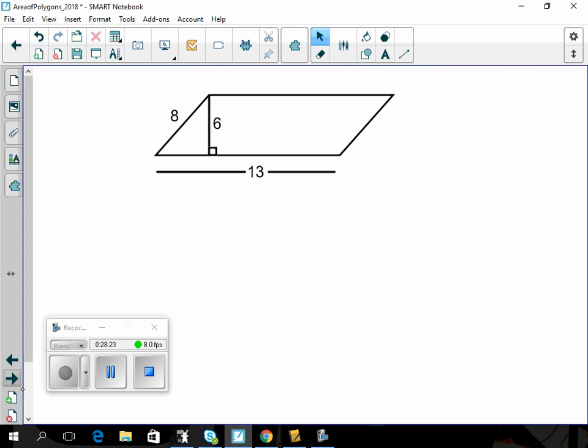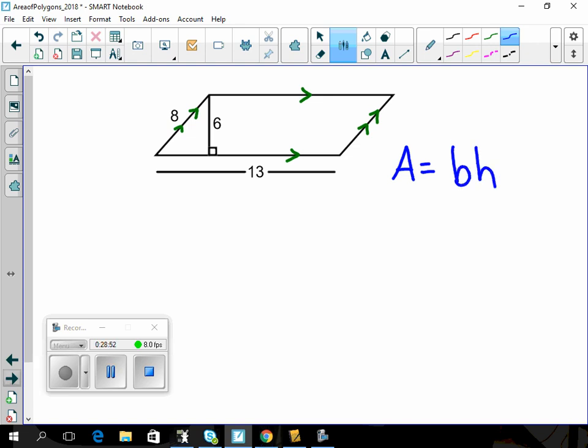All right, so I need to tell you some information here. I need to tell you that this is a parallelogram. Do I have a formula on my formula sheet for the area of a parallelogram? Yes. On your formula sheet, you see the area of a parallelogram. Tell me what the formula says. Area equals base times height. All right, perfect.